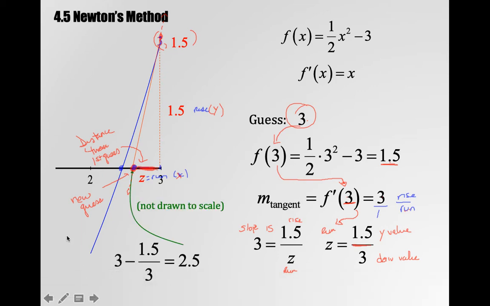So what is your new guess then? Your new guess is the old guess minus that distance between your old guess and your new guess. This is your new guess.